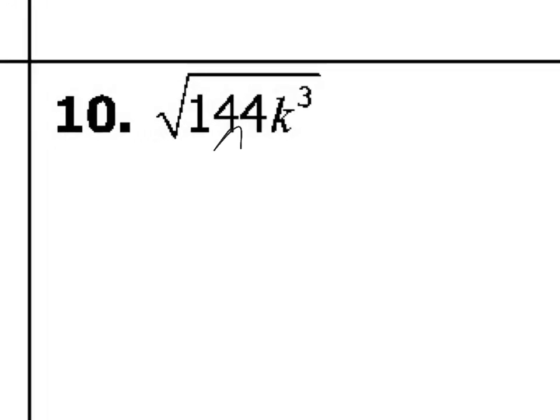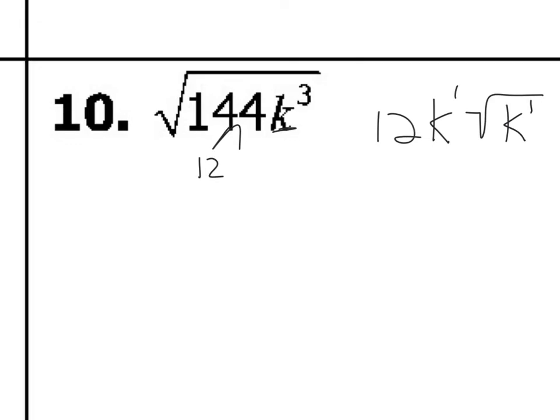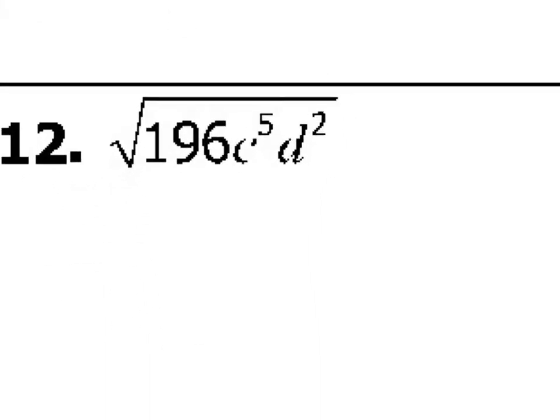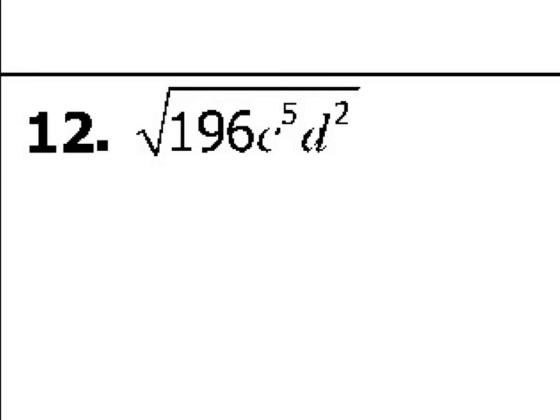144, perfect square, 12, right? Okay, for my K's, 3 divided by 2 is 1 with a remainder of 1. Uh, 196, let's break that one down.